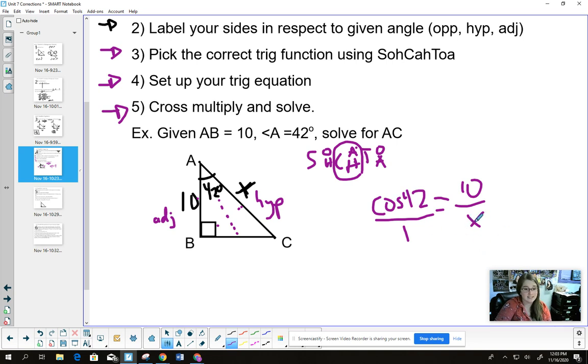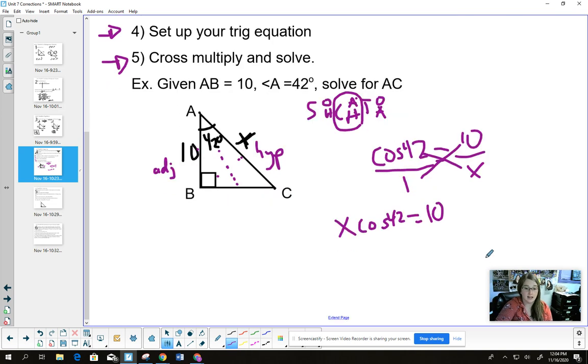Cross multiplying this is x times cosine 42 and 10 times 1. Now again, guys, you cannot just assume what's going to happen here, what goes into your calculator. You can only go to your calculator when x is by itself. And is x by itself here?